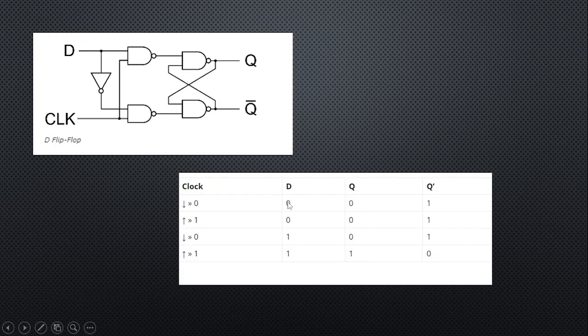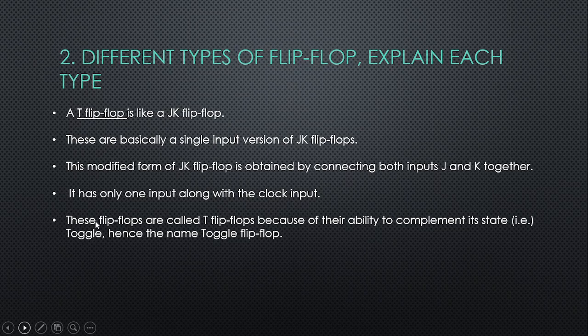Otherwise, it is not turning on, right? Because here the D is 1, but the clock is at 0 state, so Q prime, the Q bar, is still at 1, just the inverse. So this is for the D flip-flop.